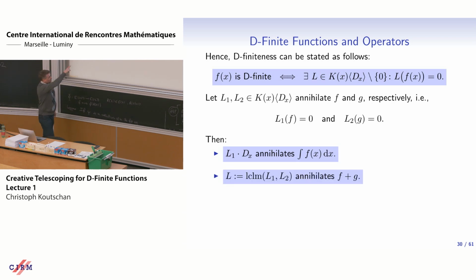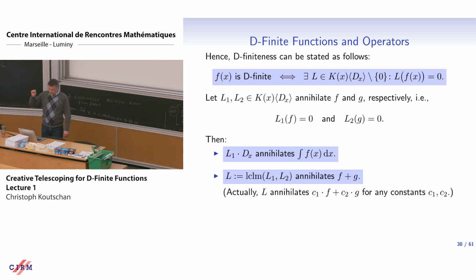Now if we take the sum of f plus g, then in terms of operators, we should take the LCLM, the least common left multiple of the two operators. And actually, this operator L will not only annihilate f plus g, but actually any linear combination of f and g with arbitrary constants c1 and c2.